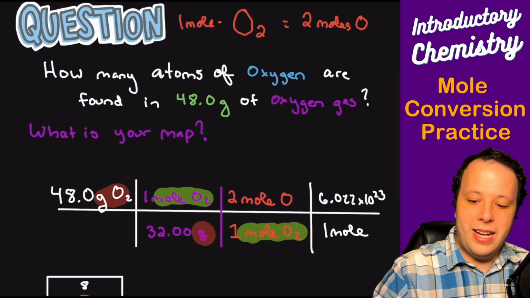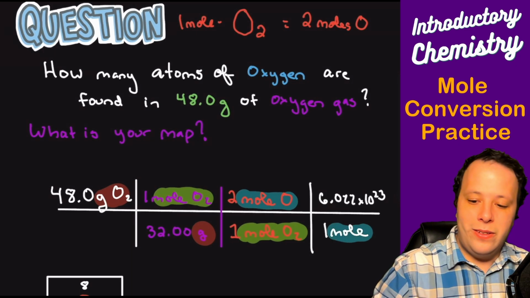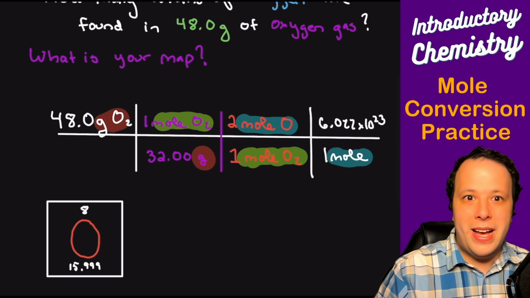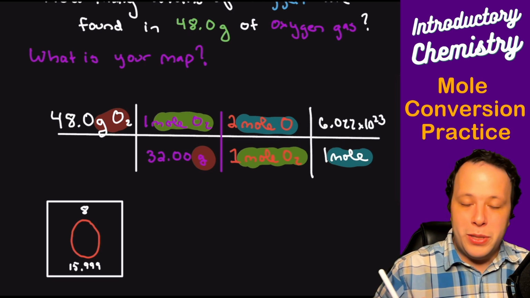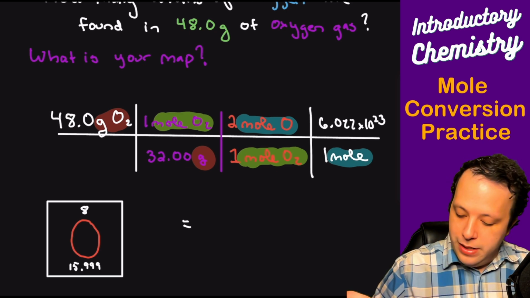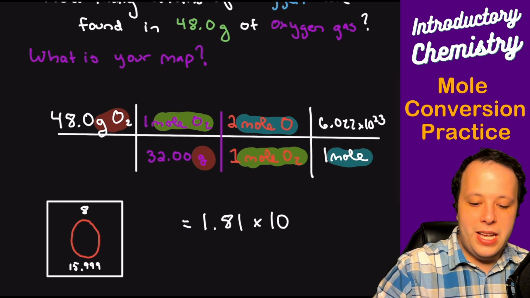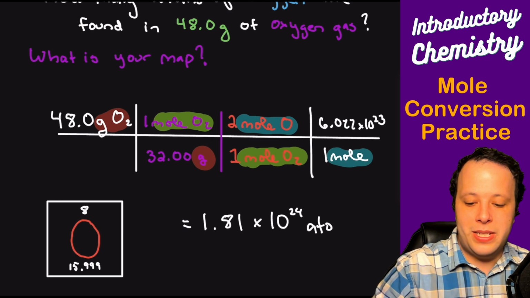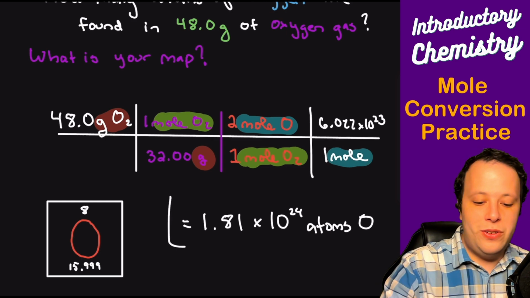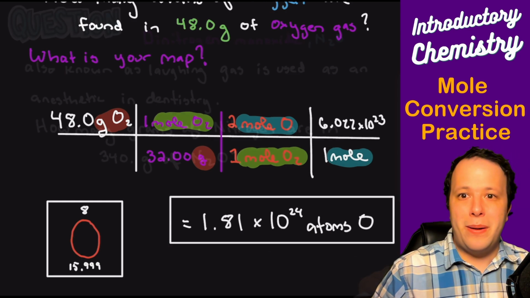Okay, and then we see that atoms cancels again. And this will give us our final answer when we do our multiplication here. So we multiply all the values on top, divide what's on the bottom, and our final answer is 1.81 times 10 to the 24 atoms of oxygen. Let's go on to our next problem.